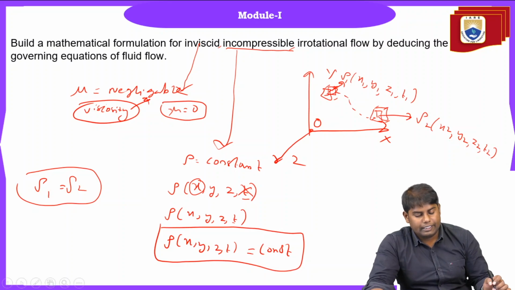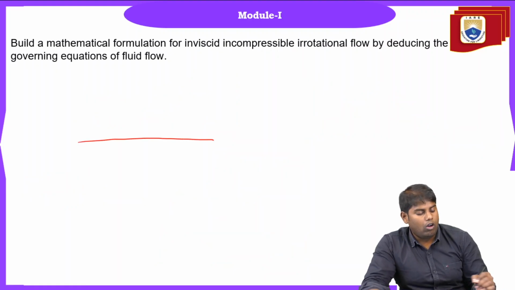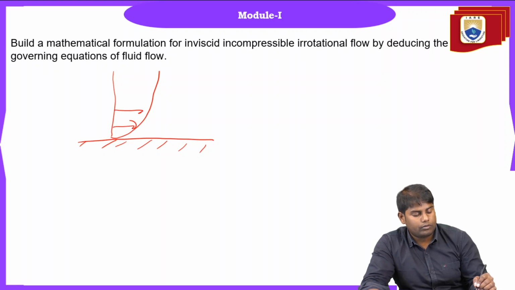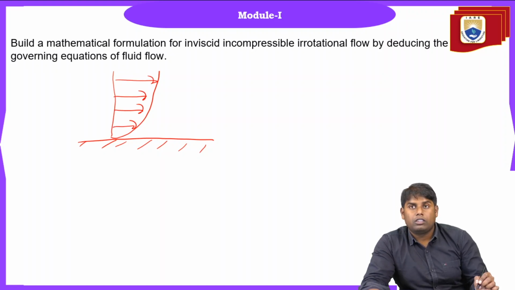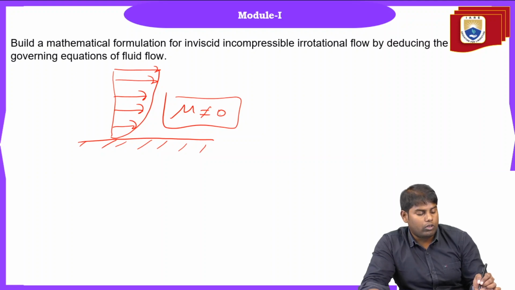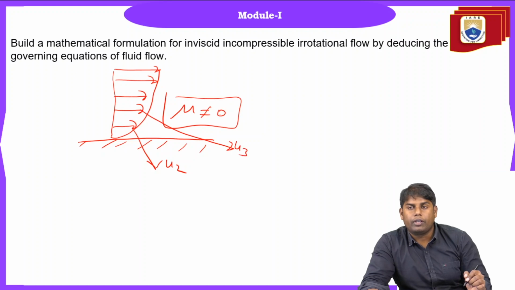Now irrotational. Here, if we consider a ball, let us take this as the boundary layer. This boundary layer formation will happen when you have viscosity, that is, when the viscosity term is not equal to 0. Now here, let us take this as U2 and this one as U3.